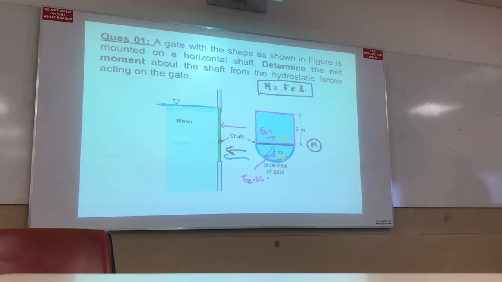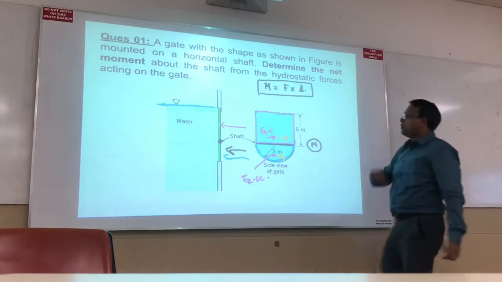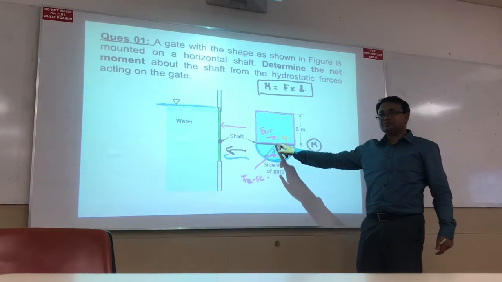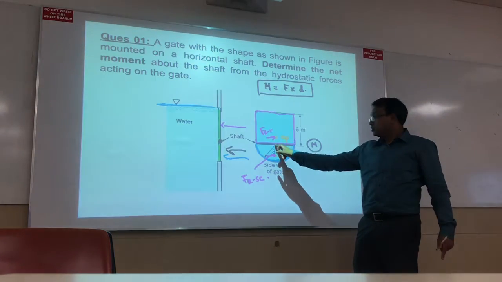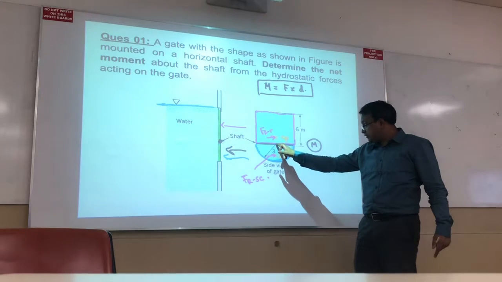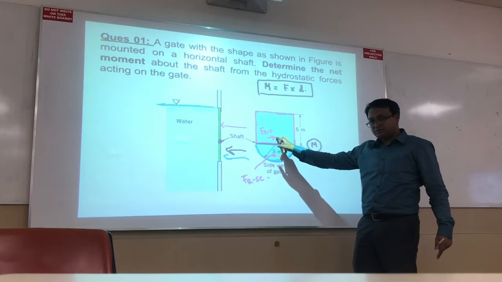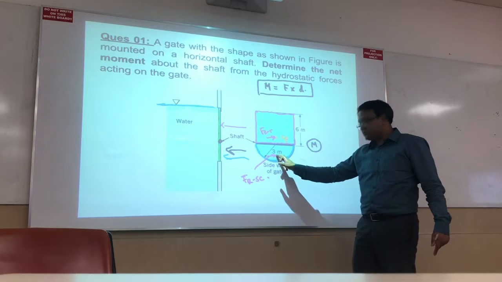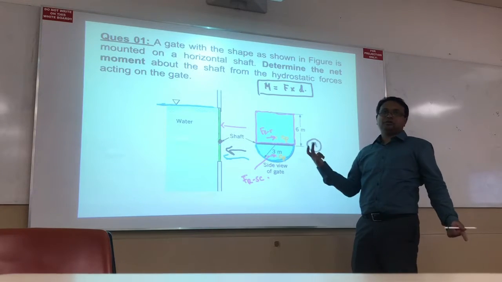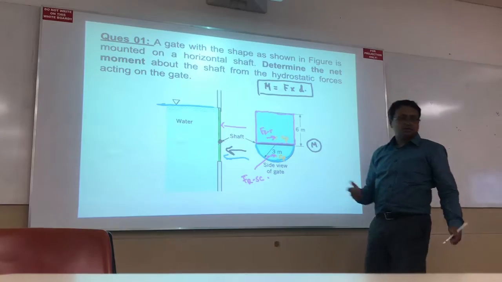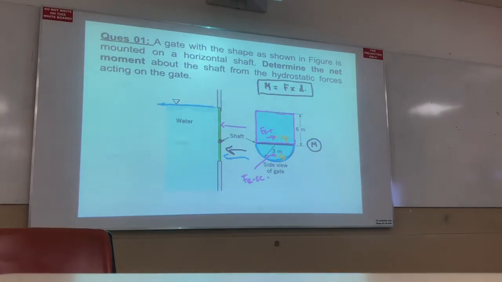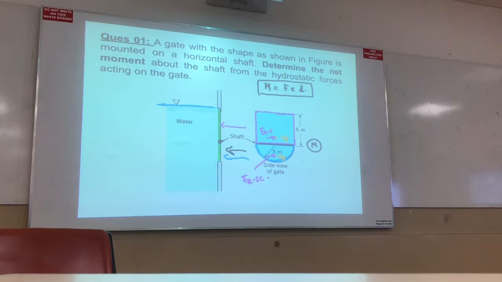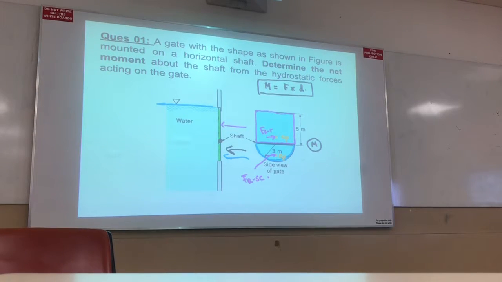No problem. So what is the moment? The moment is found at the shaft. So I need to find the distance from the shaft to this CP, and from the shaft to the other CP. Otherwise I cannot calculate. I can easily calculate these distances.